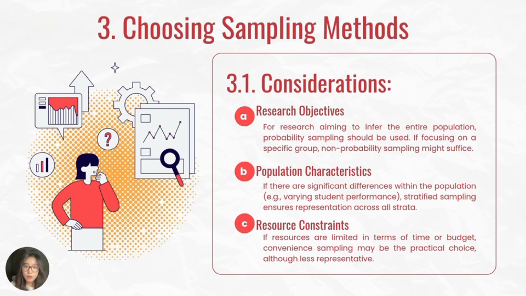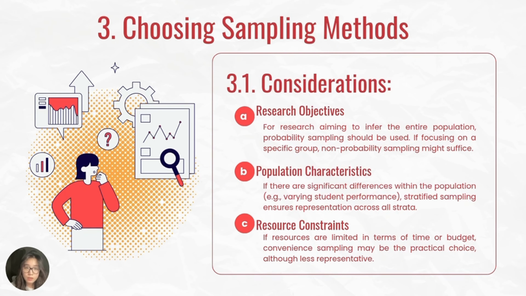The effectiveness of a research study is closely linked to the appropriate selection of the sampling method. A carefully selected sampling method ensures that the sample accurately represents the population, leading to more reliable and valid research findings.